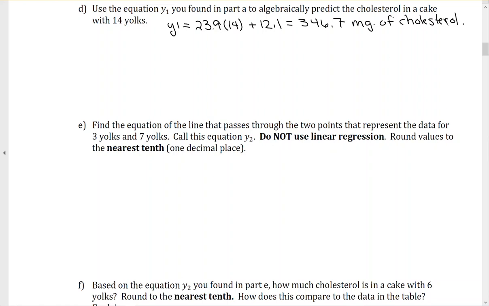So I go back to the chart and look up when it says 3 egg yolks, there was 87 milligrams of cholesterol corresponding to that 3. You've got to go back to the previous page. And for 7 egg yolks, there was 182 milligrams of cholesterol.